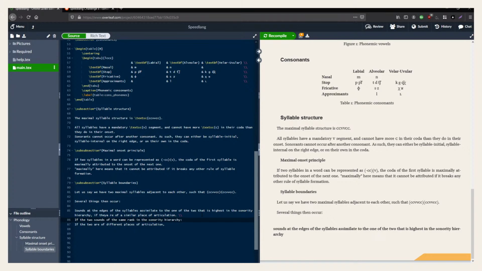Let's see, what else can we do? I'm thinking about what may come up next, but I should probably just finish that paragraph. One of them is deleted.